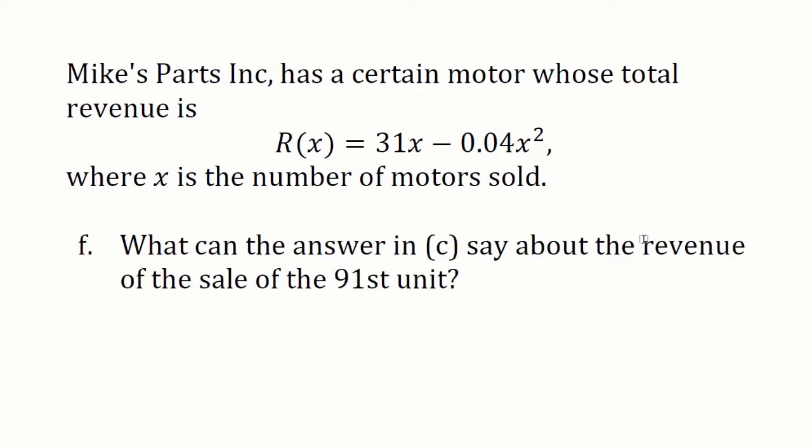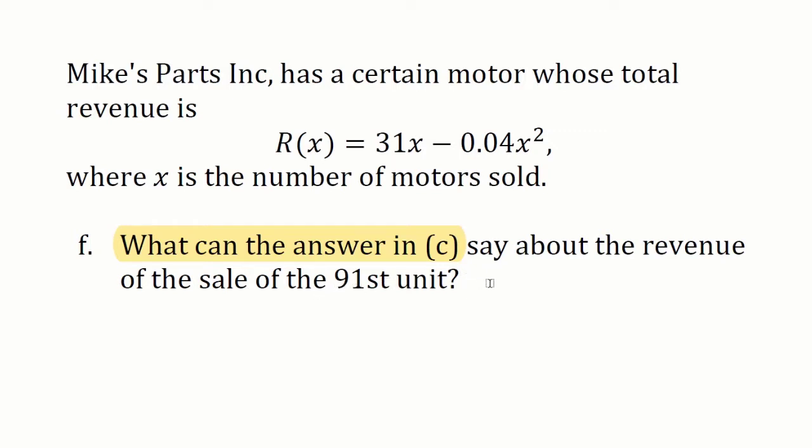So moving over to question F of our current example. What can the answer in C say about the revenue of the sale of the 91st unit?